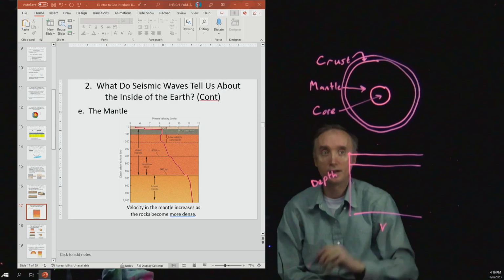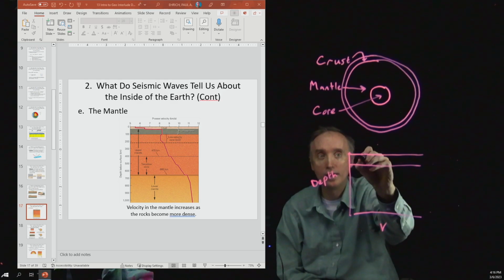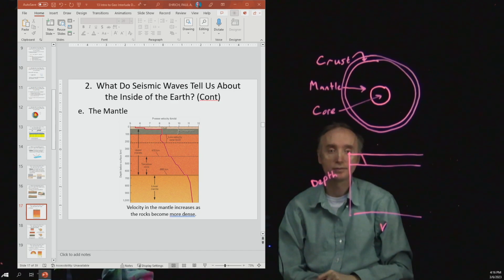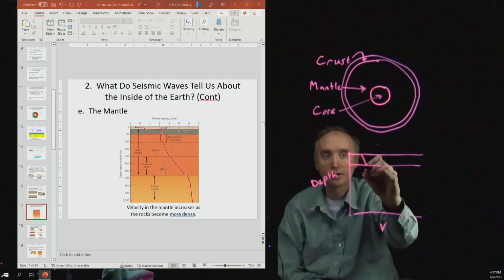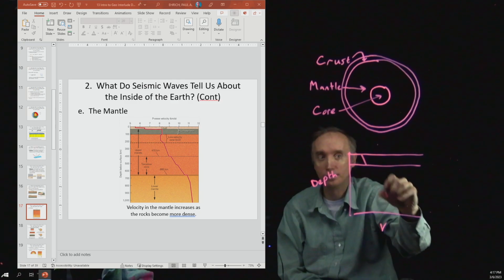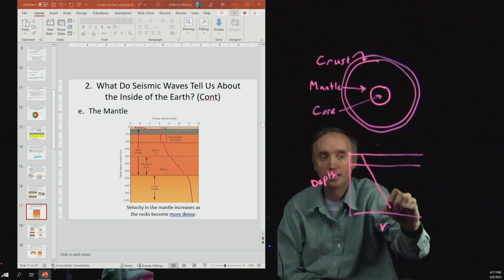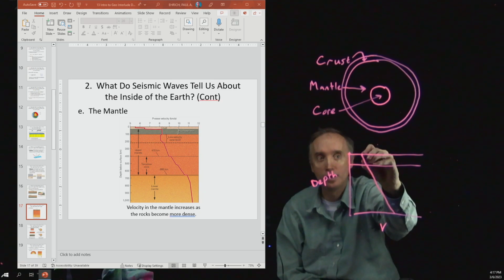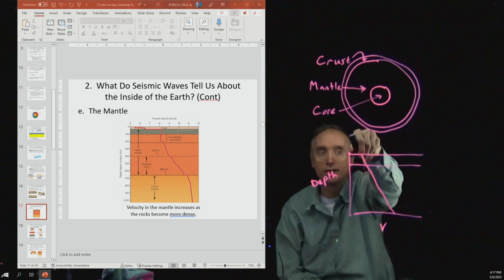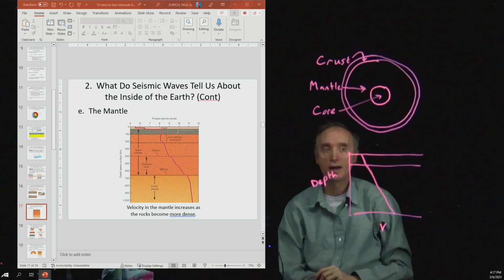So you might think that the waves are going to have a certain speed in the crust, and then it's going to have a greater speed in the mantle because it's denser. So you might think it's going to do something like this. So it's going to bend. So it was going down like this, and now it just bent a little bit as it's doing that.